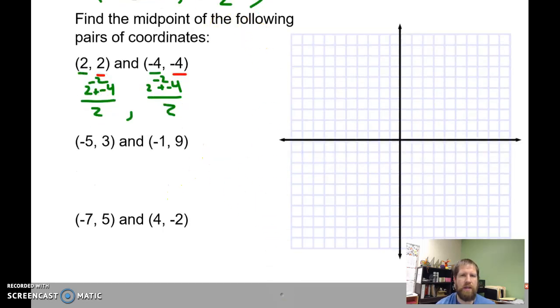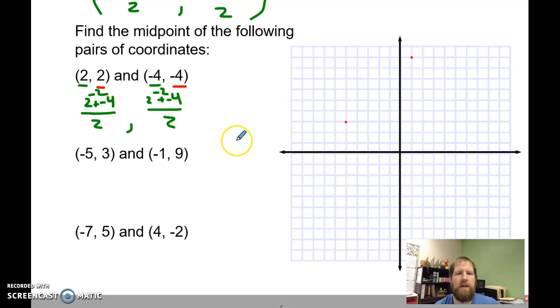We can plot the points, but let's just use the formula to figure it out. So we've got negative 1, 2, 3, 4, 5. 1, 2, 3, and 1, 1, 2, 3, 4, 5, 6, 7, 8, 9. One thing to note is this one turned out to be negative 1, negative 1.